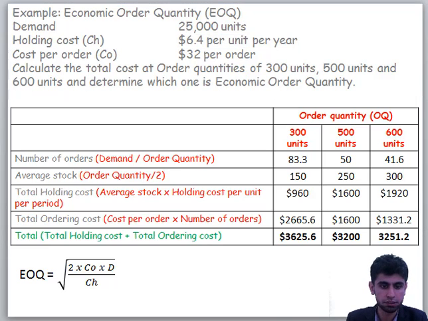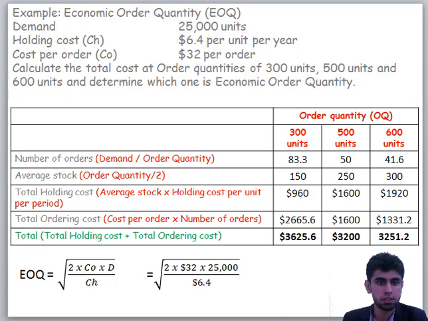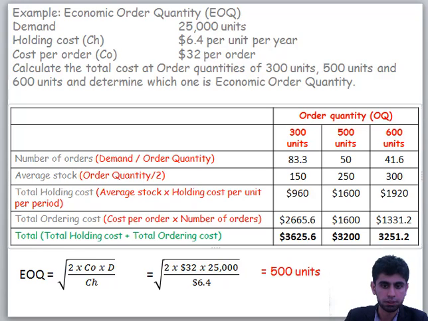If you do the calculation, you will get 500 units, which is the economic order quantity. So that's our answer for economic order quantity.